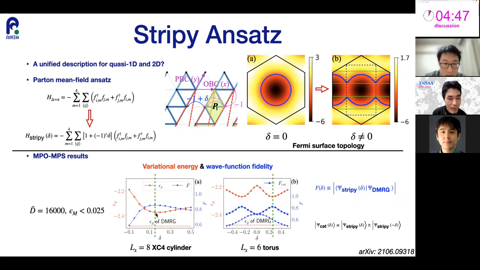You can see that here it has the minimal energy, close to the minimal energy from DMRG. I see. Okay.